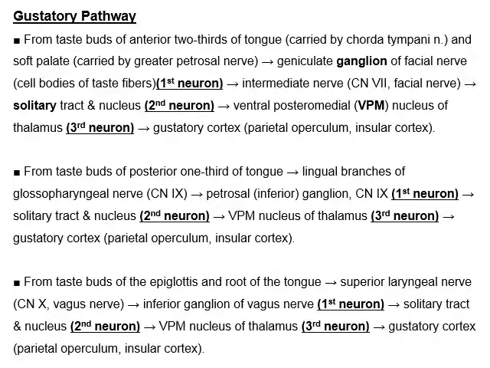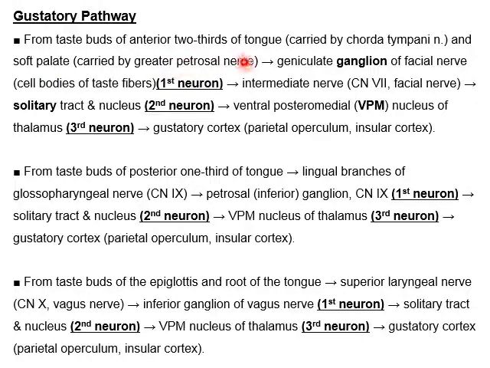So again, the gustatory pathway, or the taste pathway, arises from the taste buds of the anterior two-thirds of the tongue. They send the taste signals through the chorda tympani nerve, and those from the soft palate are carried by the greater petrosal nerve.